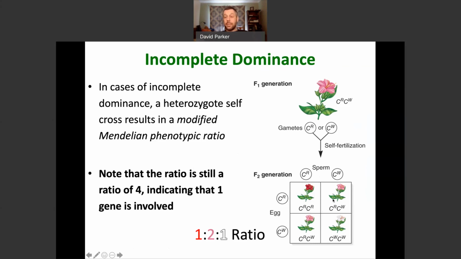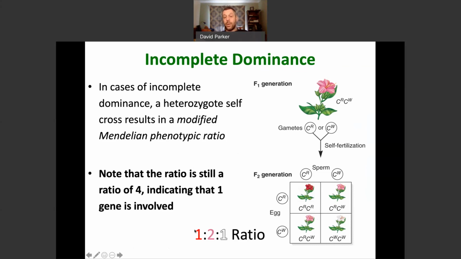Remember, in classic Mendelian genetics, all 3 of these would look the same, and this one would look different, giving us the 3-to-1 ratio. What you see in this case is the homozygote dominant is red, the homozygote recessive is white, and the heterozygotes, because this gene is showing incomplete dominance, are pink, which gives us a 1 to 2 to 1 ratio.